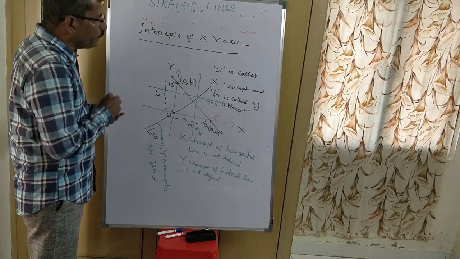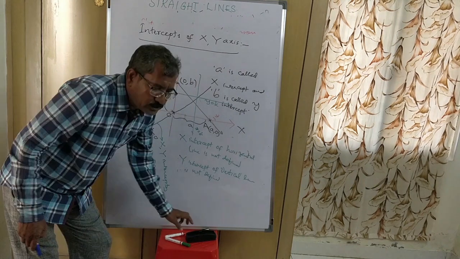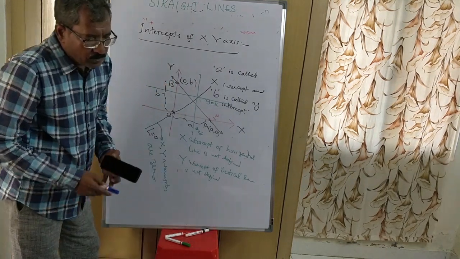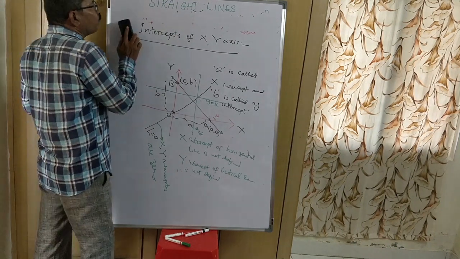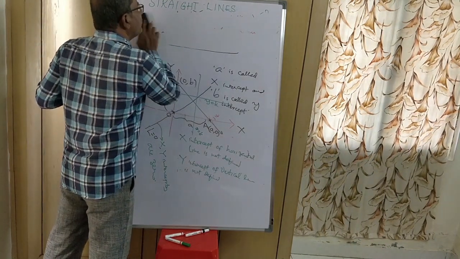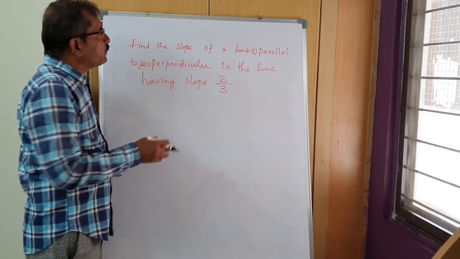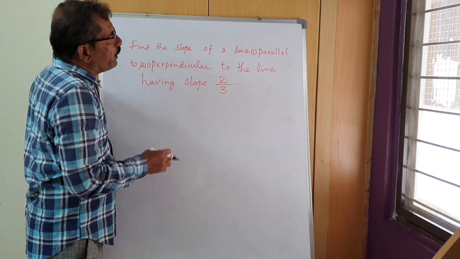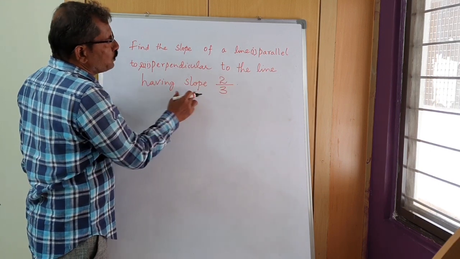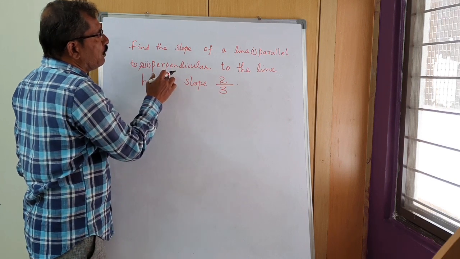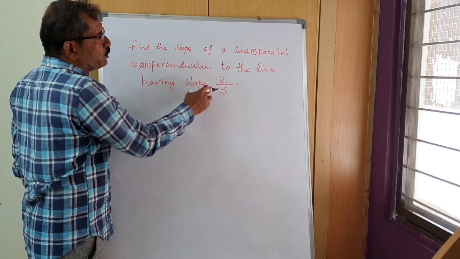After this, I am going to remind you to recall your knowledge about the different forms of straight lines. See the example. Find the slope of a line which is parallel to the line having slope 2 by 3, and also find the slope of a line perpendicular to the line having slope 2 by 3. What you learn in this concept?